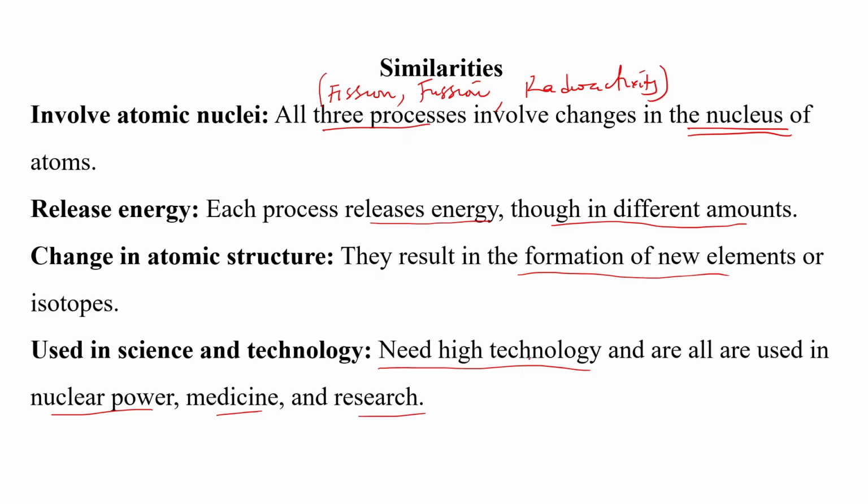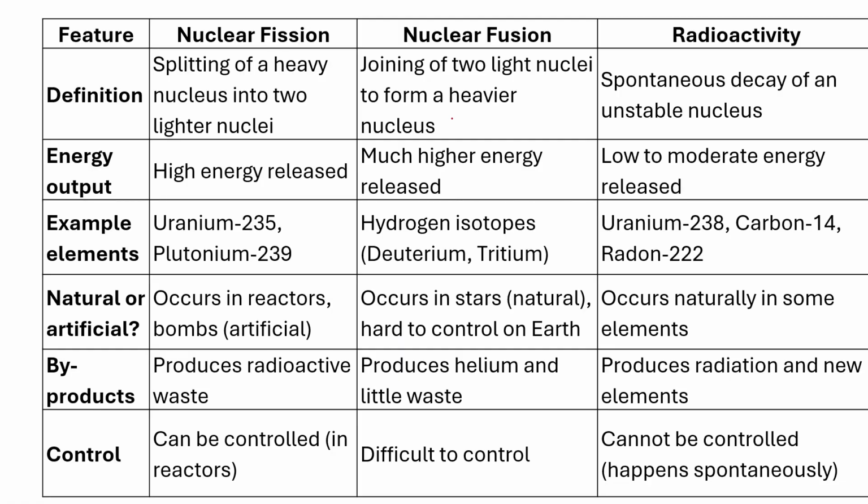Let's look at differences. Now, these differences are actually applied in evaluation together with similarities. Now, if the item has fission and fusion, then you'll be dealing with fission and fusion in your differences and similarities. If the item has radioactivity and any of this, then you'll check for what we'll discuss there.